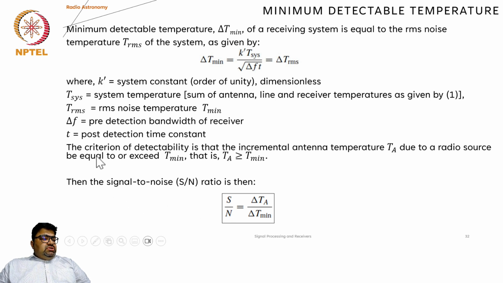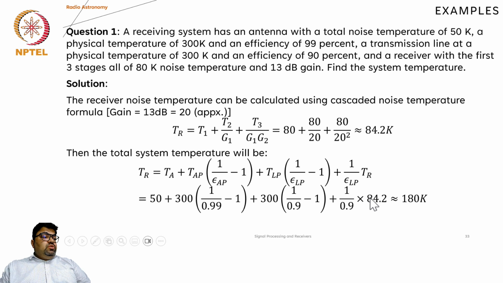Right. So in this case, the signal to noise ratio is given by N delta TA over delta T min. It's very vital. We will come back to this when we talk about single dish observing strategies and more.